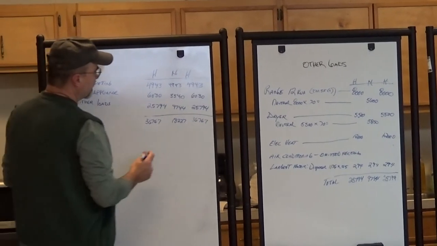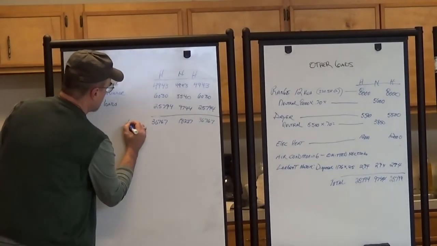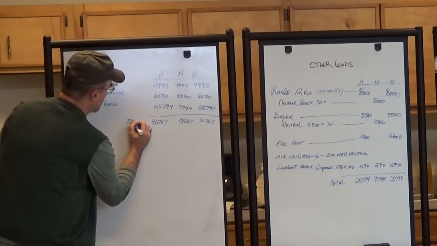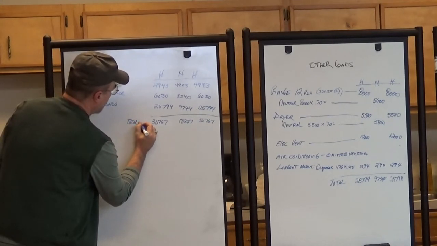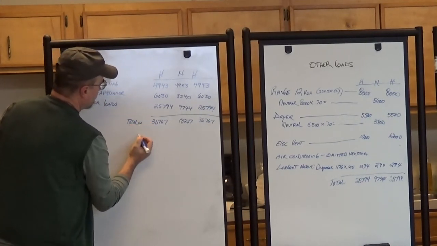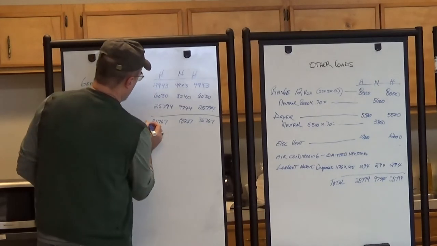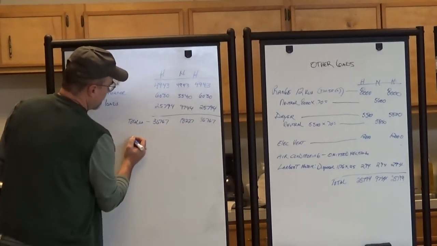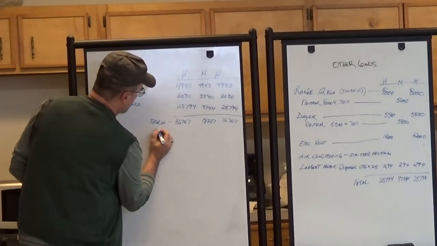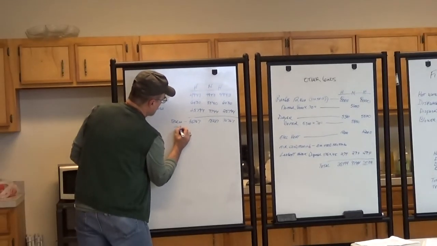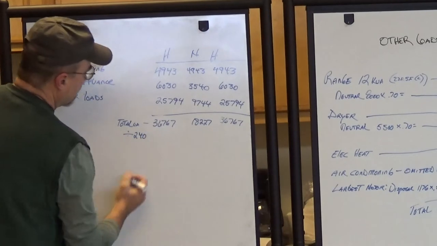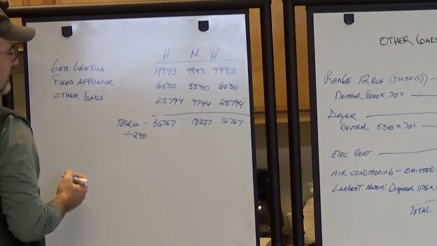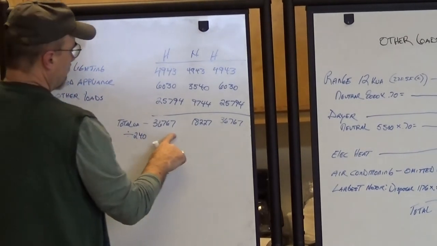So what we do now, so this is the total VA. Total VA demand. Okay. Now we want to divide it by 240. So when we divide by 240, what do we get?